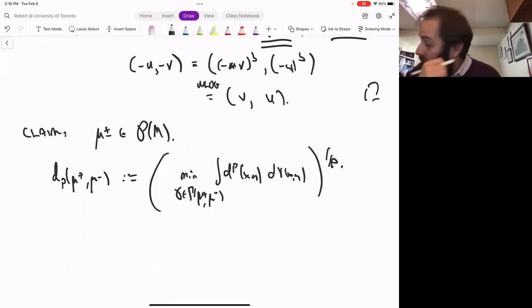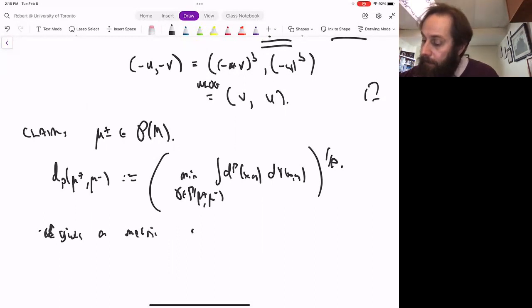And the claim is that this gives a metric on the space of probability measures.